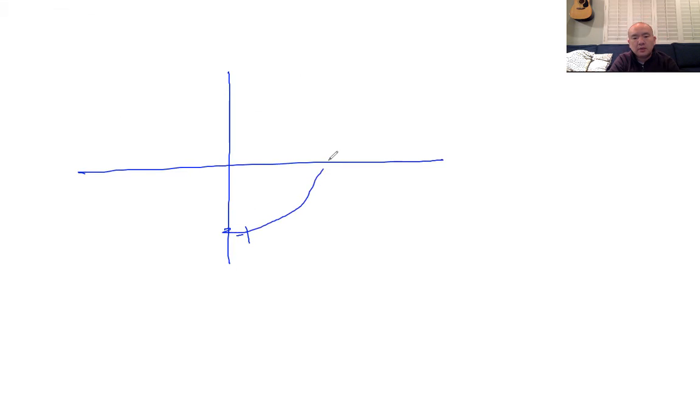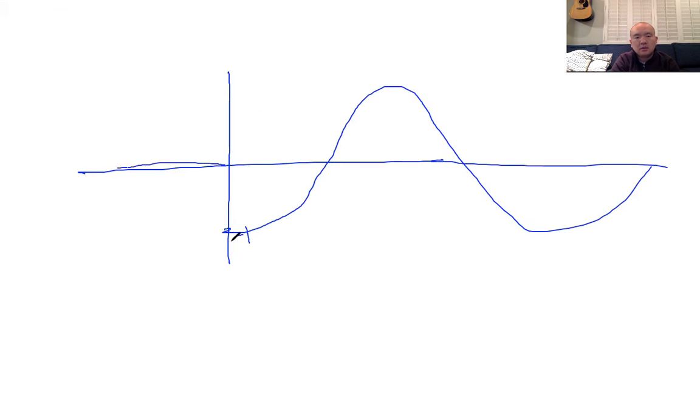And we have a graph right here where it starts at a -1, right? And then it goes up this way and down this way, up this way. So we know that the amplitude is 1. Why?